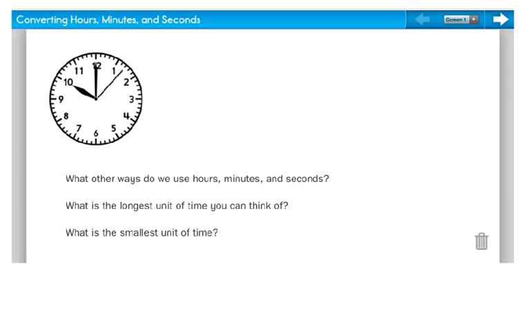So we use time always. Time is very important in our society. What's the longest unit of time you can think of? Days, years, decades? What's the smallest amount of time? I think of the Olympics and Michael Phelps, who won, I believe, a race in 1,000th of a second.